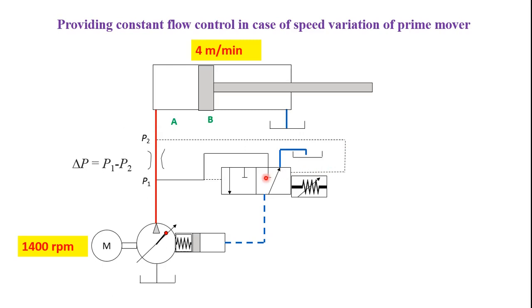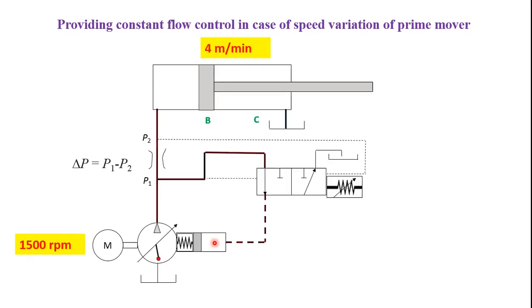This causes the fluid to flow into the cylinder, causing the angle of the swash plate to reduce. And as the angle of the swash plate is reduced, the pump delivery will also reduce. And hence, although the pump speed increases to 1500 rpm, the speed of piston will not change and will remain the same, that is 4 meters per minute, while moving from B to C as shown in this particular animation.